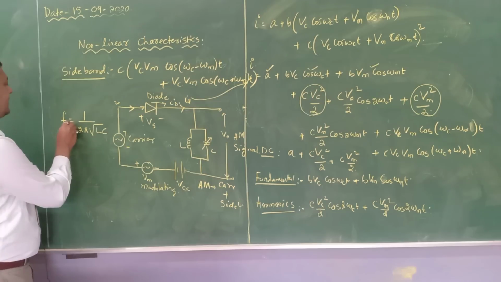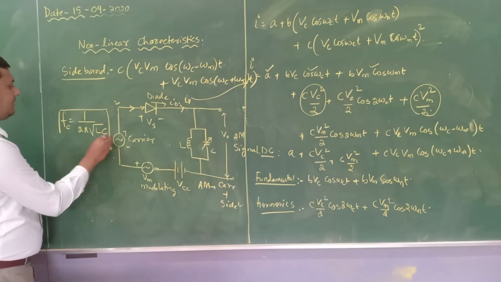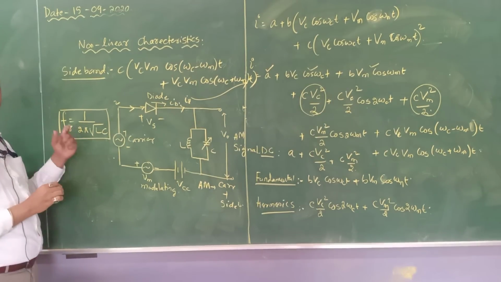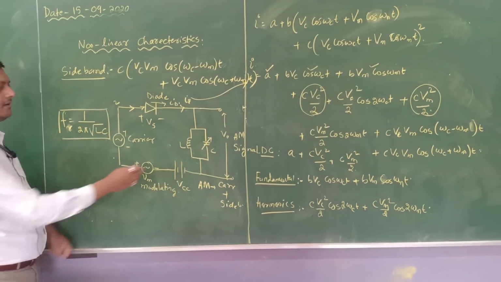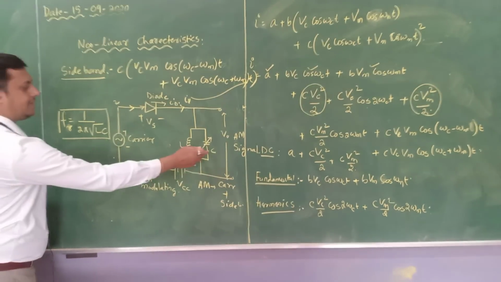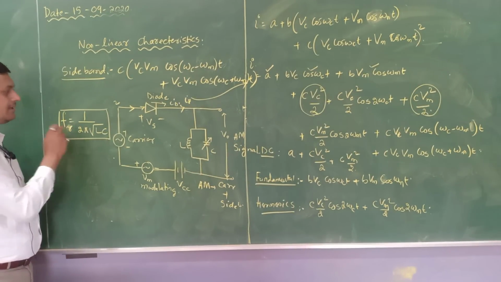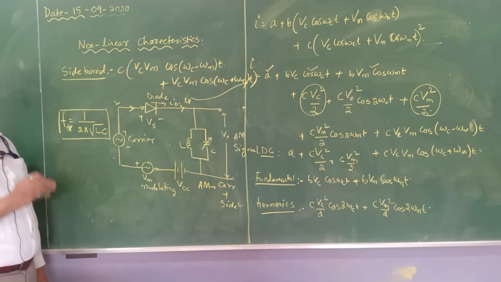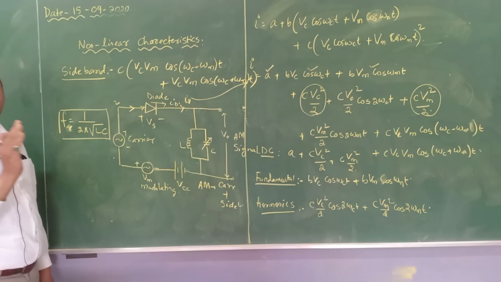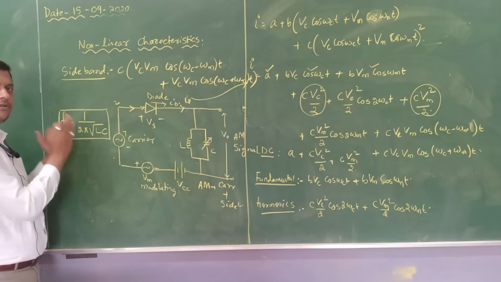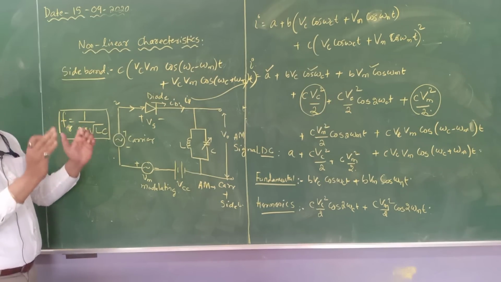This resonating frequency of an LC tuned circuit, I will write FR, is called the resonating frequency of this LC. If you vary this C, your frequency is going to change. And this particular resonating frequency acts as a central frequency for your carrier and the sideband. So it will concentrate only on the carrier and the sideband components.